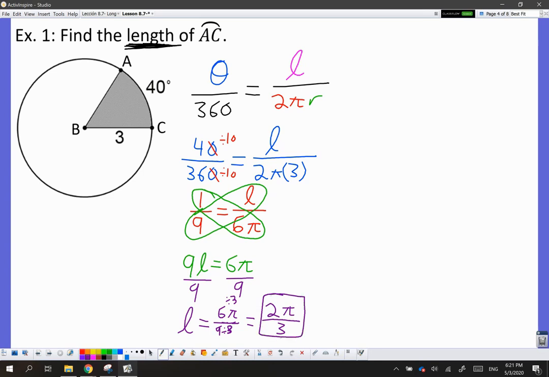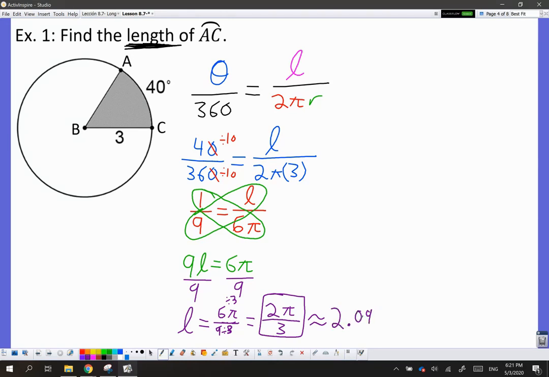Now, like I said, we can do this in exact form. You can still leave it in decimal though. If you choose to leave it in decimal, then you don't have to worry about simplifying this because you're going to be putting it in the calculator anyway. If I find the decimal approximation, in this case, it's going to be 2.09.